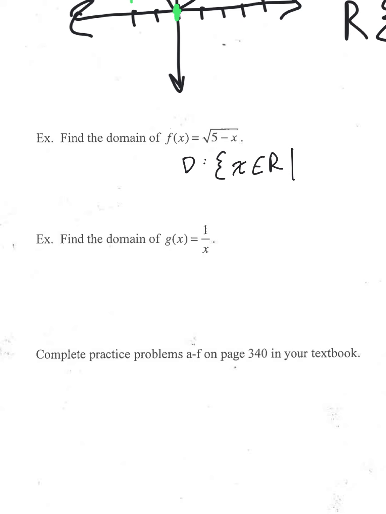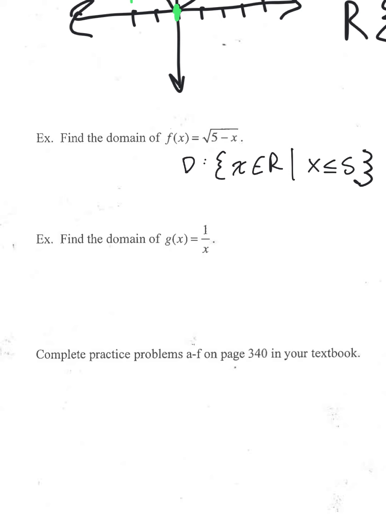But the thing is that x has got to be less than or equal to 5. And the reason that x has to be less than or equal to 5 is that if it is more than 5, we're actually going to have a negative value under the square root. So I can kind of demonstrate that, right?